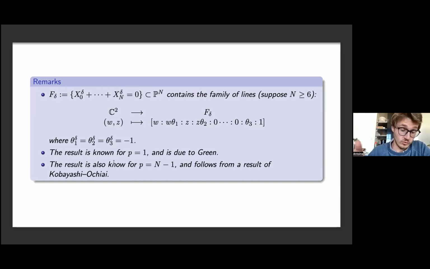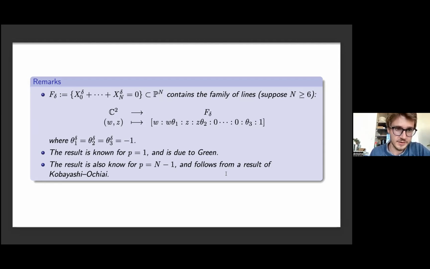It holds for any hypersurface, because here the statement says that there are no holomorphic maps from C^(n-1) to the variety. And so it follows from a result of Kobayashi-Ochiai.